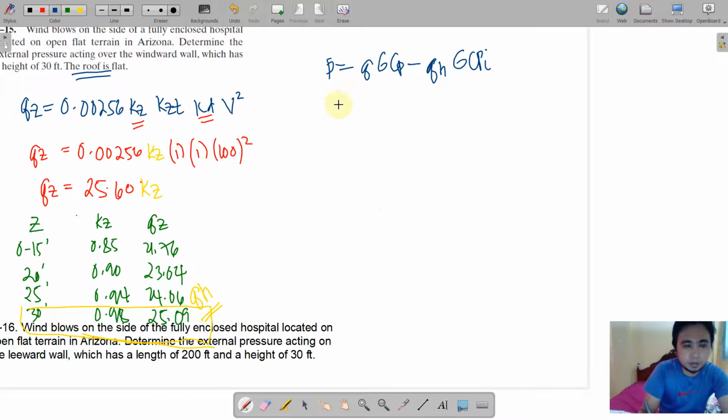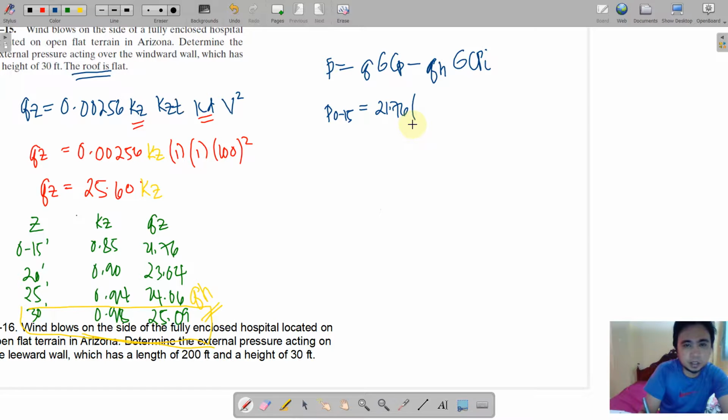So, we'll start with the first 15. The pressure for the first 15 height is equal to, what is QZ here? QZ here is 21.76. What is its G? Gust effect factor.